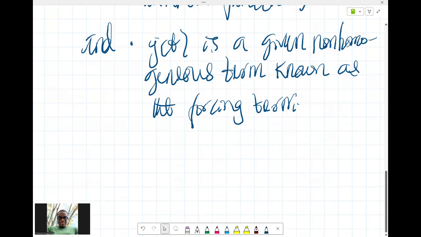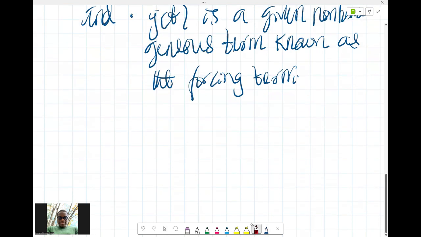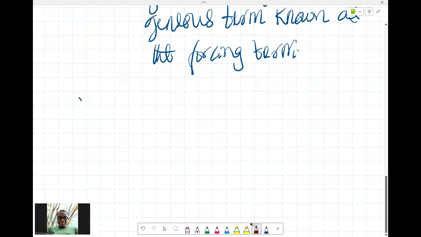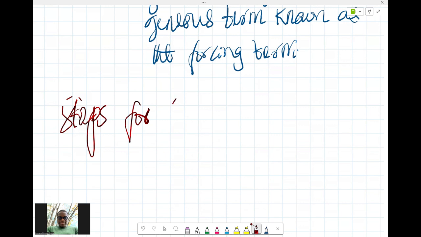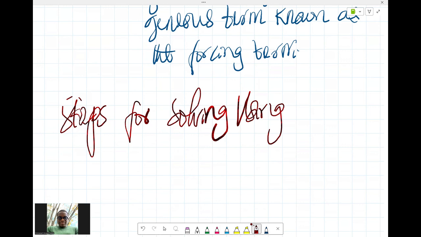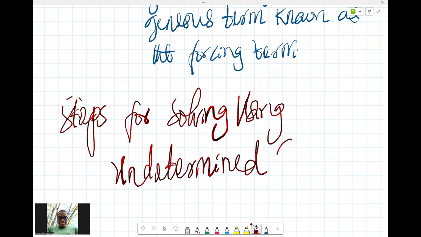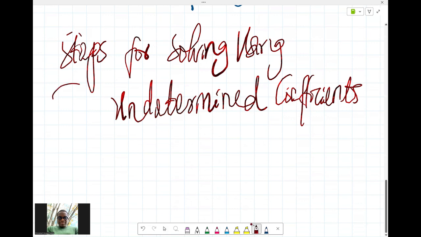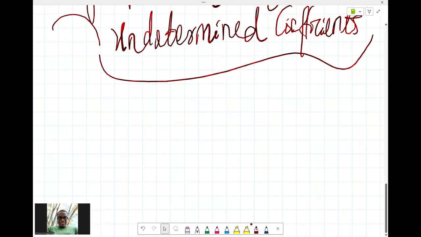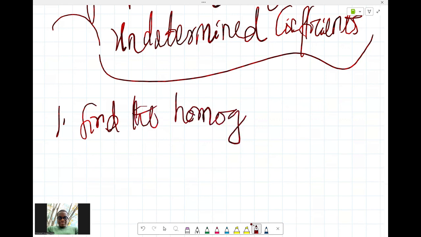Now, let's look at the steps for solving using undetermined coefficients. I've said it a couple of times, but it's okay to say it again. Step one is to find the homogeneous solution.